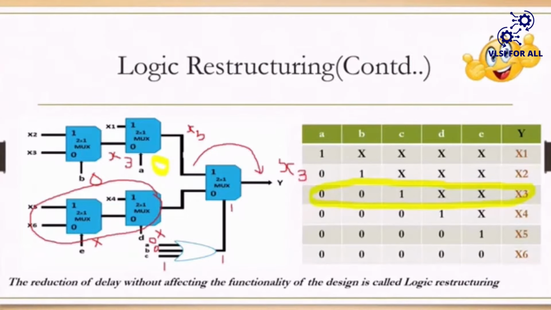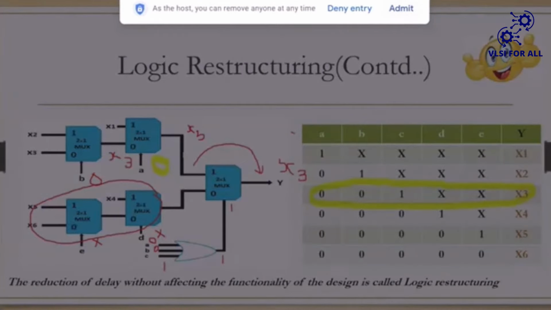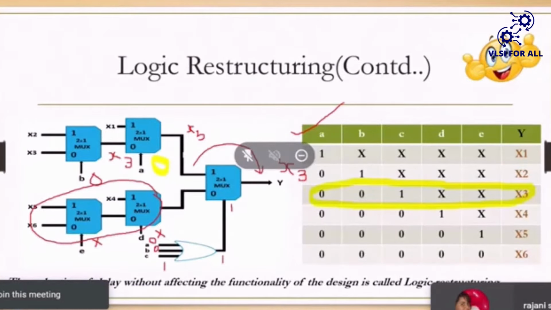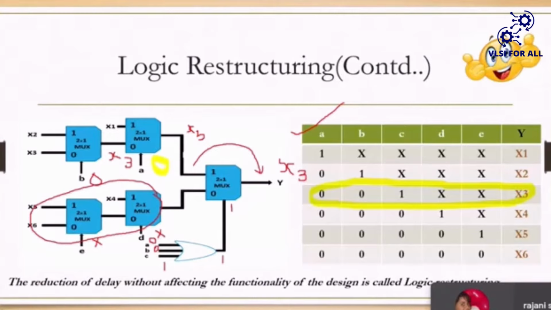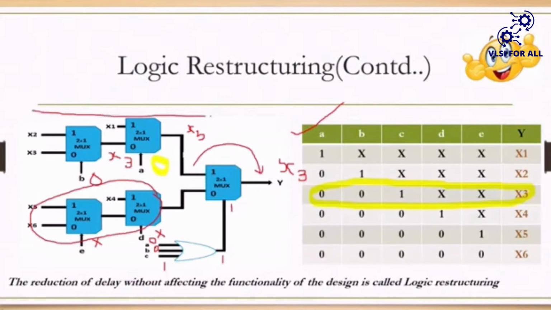So the same X3 will appear at the output terminal. Yes, team, so this is about X3. So the functionality is the same. We didn't change the functionality. So coming to the point, team, we have changed the architecture, but still the functionality is the same.